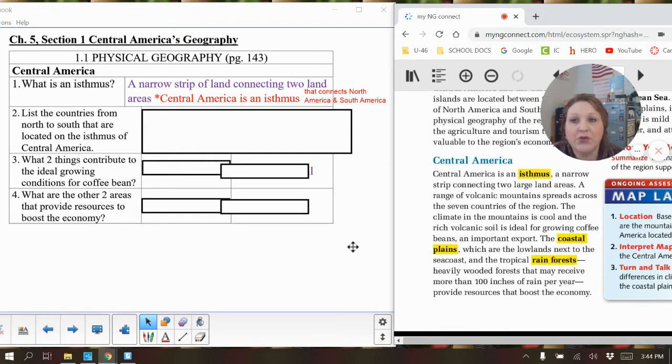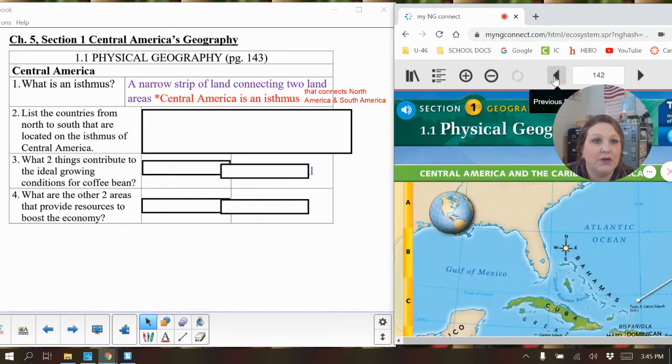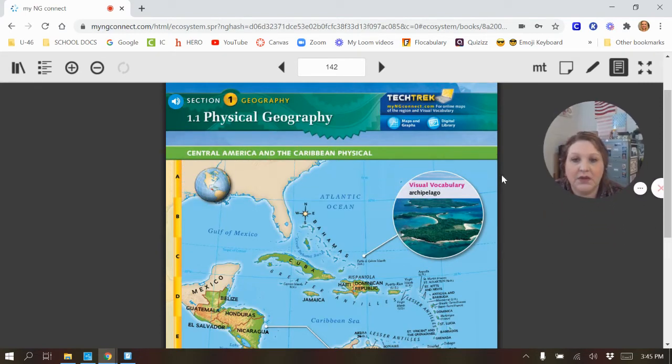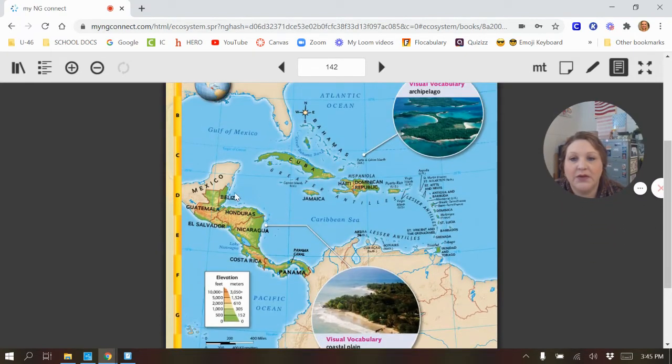So the countries from north to south that are located on the isthmus of Central America, there are 7 countries, and it mentioned that in the text. So we're going to look at a map here for a second. So I'm going to make this larger for us to look at. Okay, so here's Mexico, and Mexico is part of North America, and here is South America.